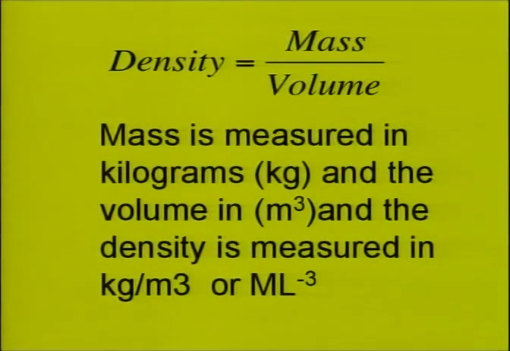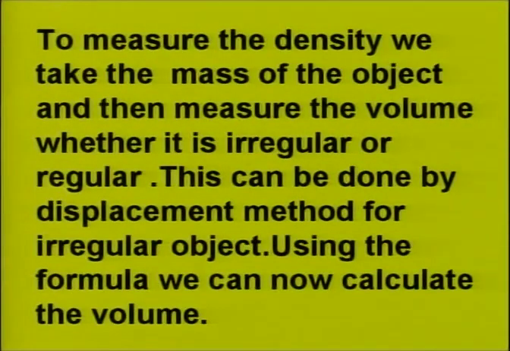Okay, now to the next piece of information. When you are trying to measure the density of a certain object, for example, if it is irregular, you have measured the volume of some of these already when you studied volume.